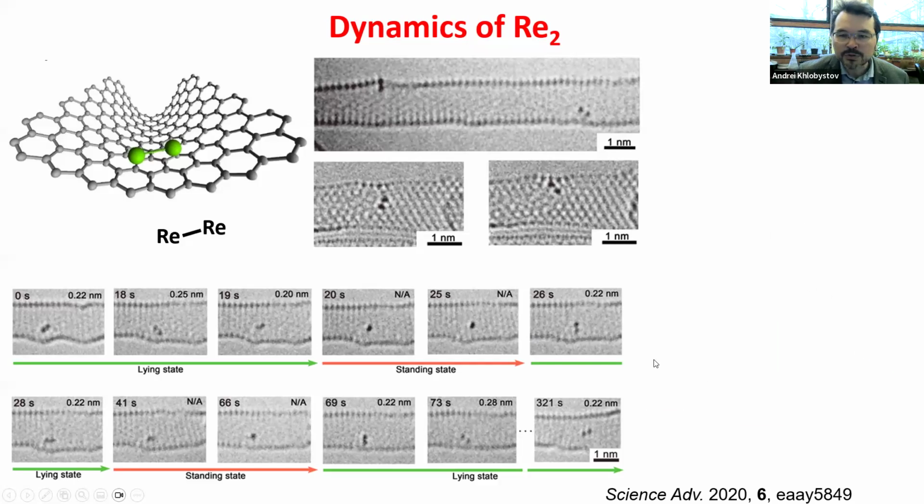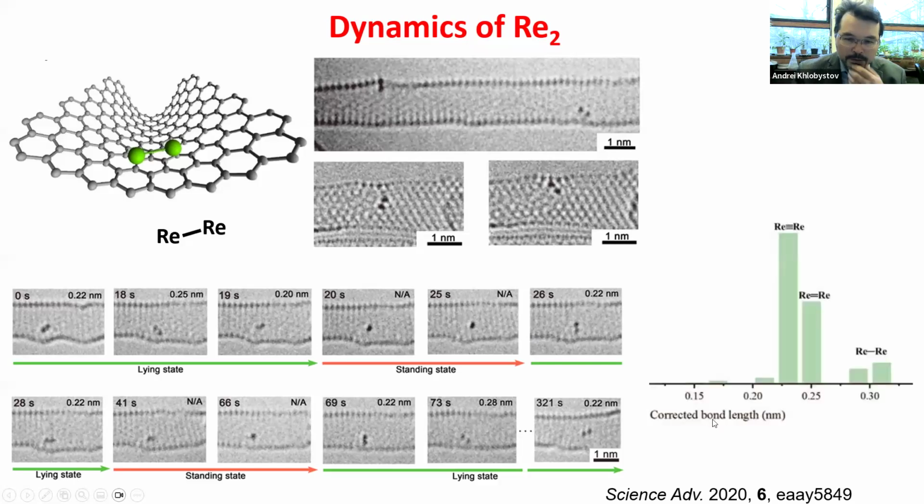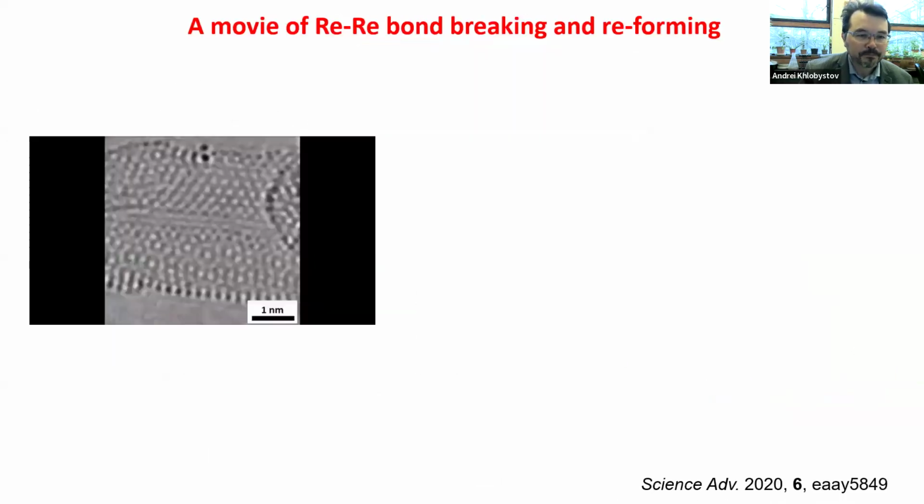And as we're doing so, we can measure the bond length. So to our surprise, we found out that the bond length changes during this molecular acrobatics in the nanotube, and it switches between quadruple, double, and single. So that was interesting. So it's actually, probably adds more to the debate about the nature of the metal-metal bond.